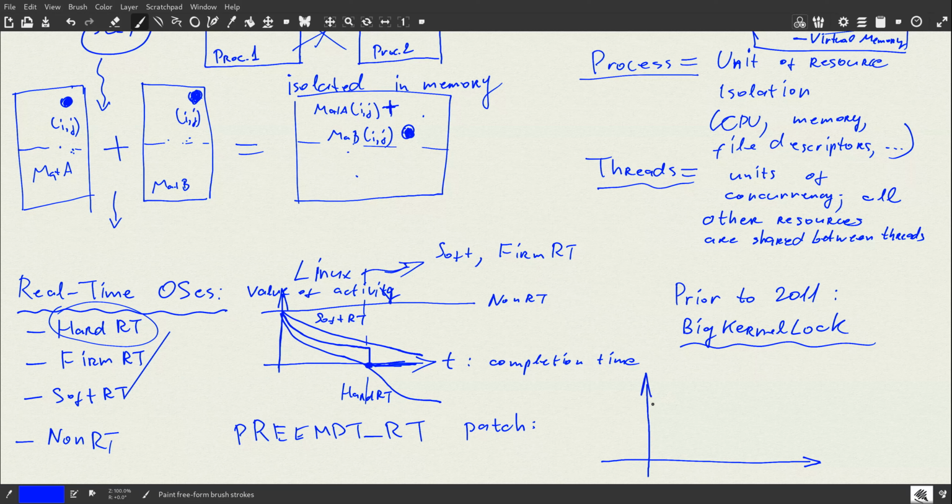So we may have a distribution of this sending time. So this is time, this is frequency. It may very well be that a typical distribution would be like this.